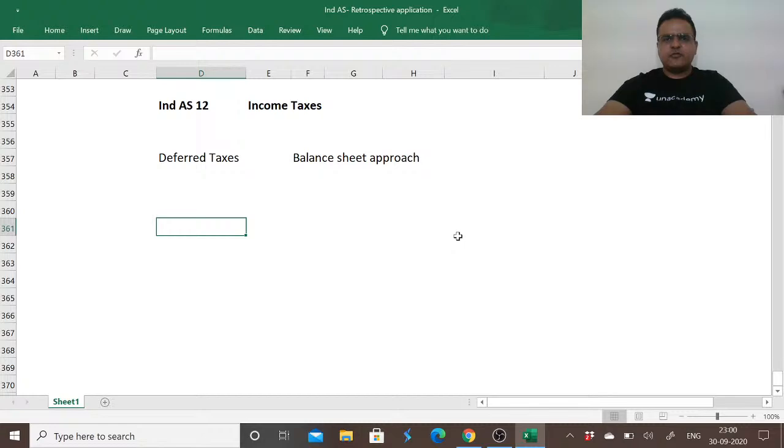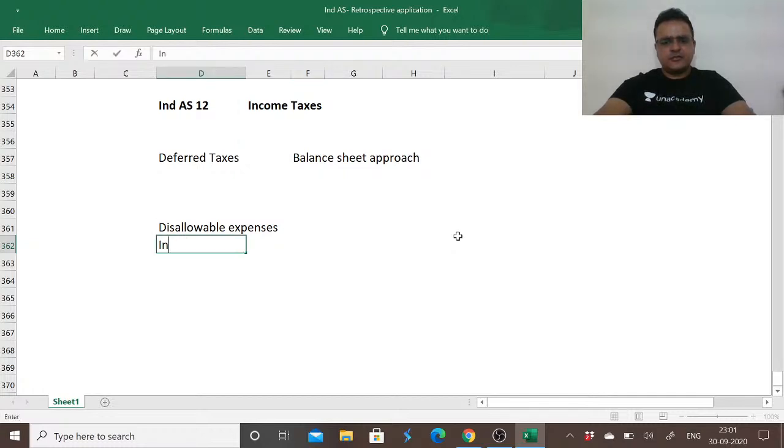Now, when we account for income taxes, there is a difference between the accounting principles and the tax computation, so it may be different from the tax expense calculated by us according to accounting principles. The reason being there are disallowable expenses which are not allowed today and will never be allowed in future.